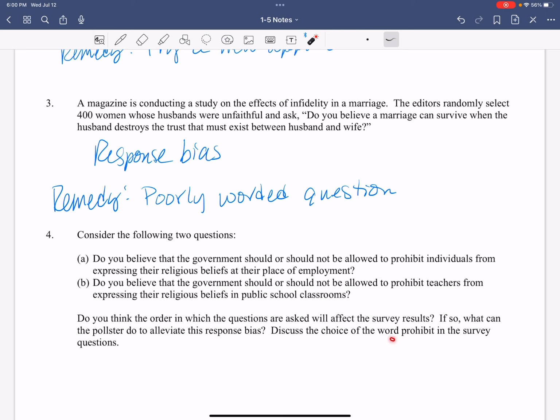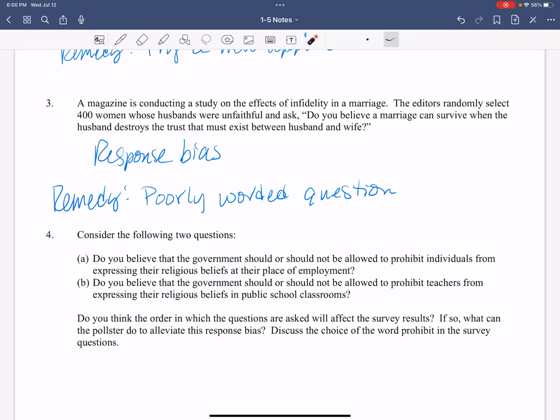And what do you think about the word prohibit? Should or should not be allowed to prohibit individuals from expressing their concerns. So should individuals be allowed to express their religious beliefs, or should you prohibit them? Do you see how this wording makes an impact?